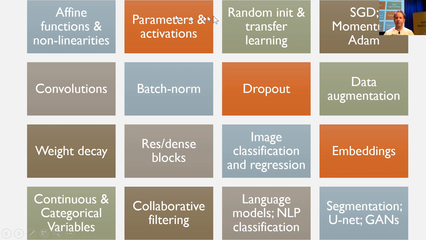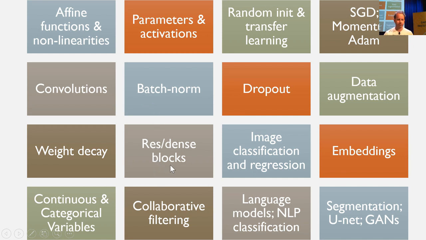The parameters are initially randomly initialized, or we copy them over from a pre-trained model, and then we train them with SGD or faster versions. And we learned that convolutions are a particular affine function that work great for autocorrelated data, so things like images. We learned about batch norm, dropout, data augmentation, and weight decay as ways of regularizing models, and also batch norm helps train models more quickly.